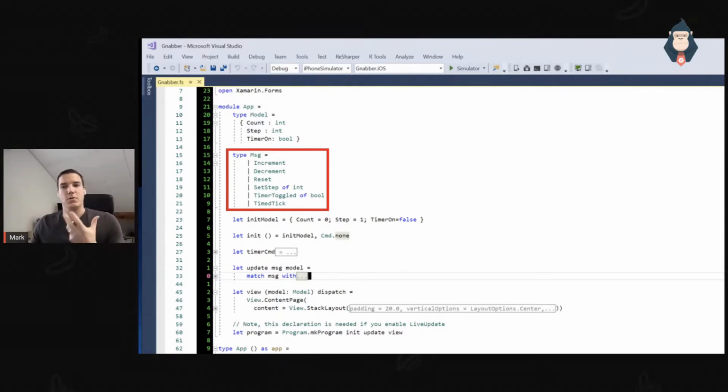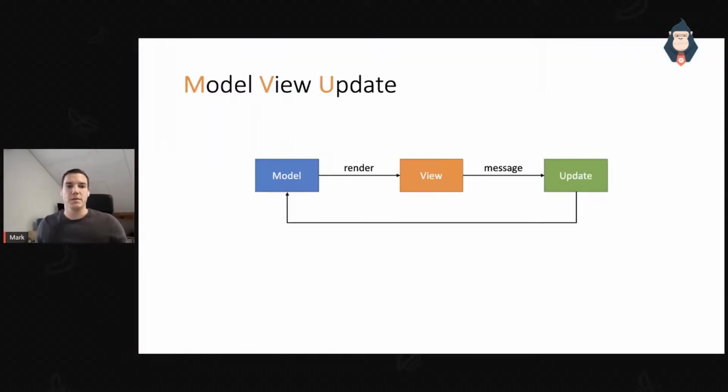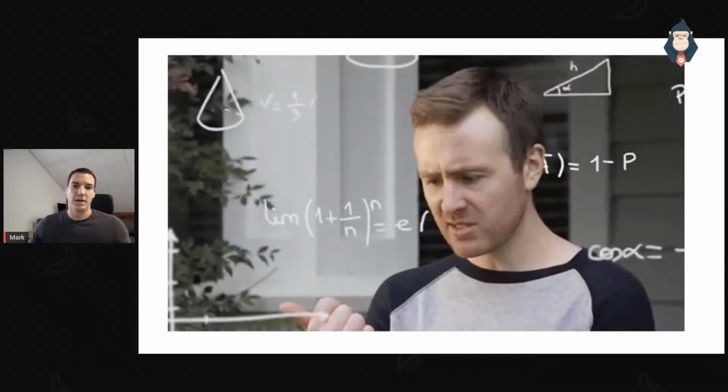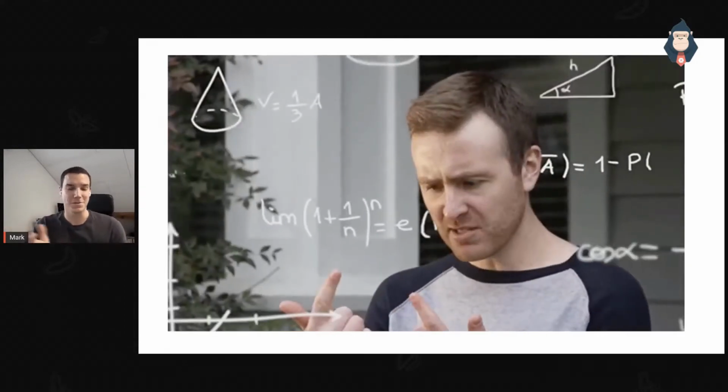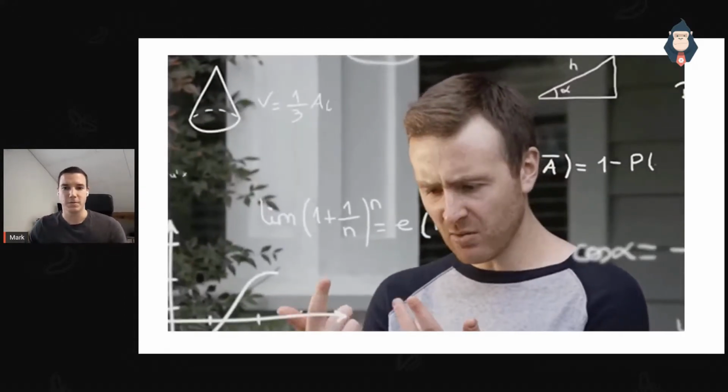But all these messages have to be defined. This thing does not have to be named Message. You can name it whatever you want, but this is the basic setup for how you would write a Fabulous app using the MVU pattern. Now, if you've never done F# before, and maybe never have done Fabulous before, this can all be a bit confusing.